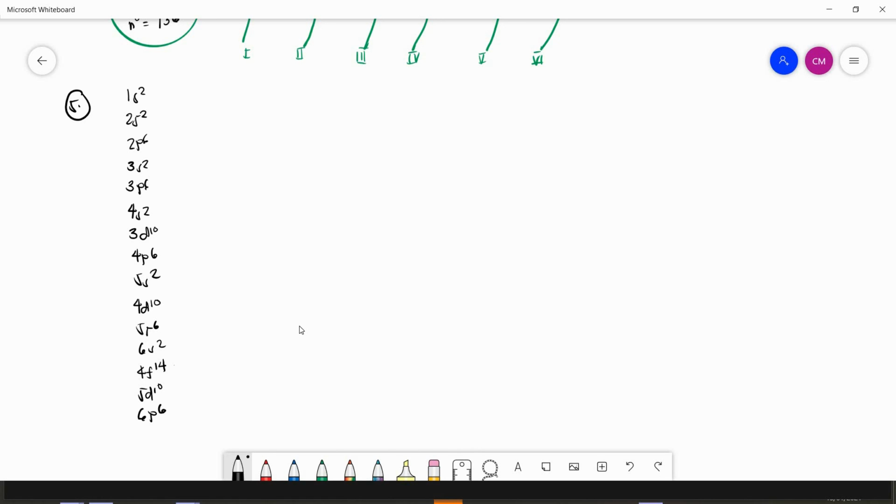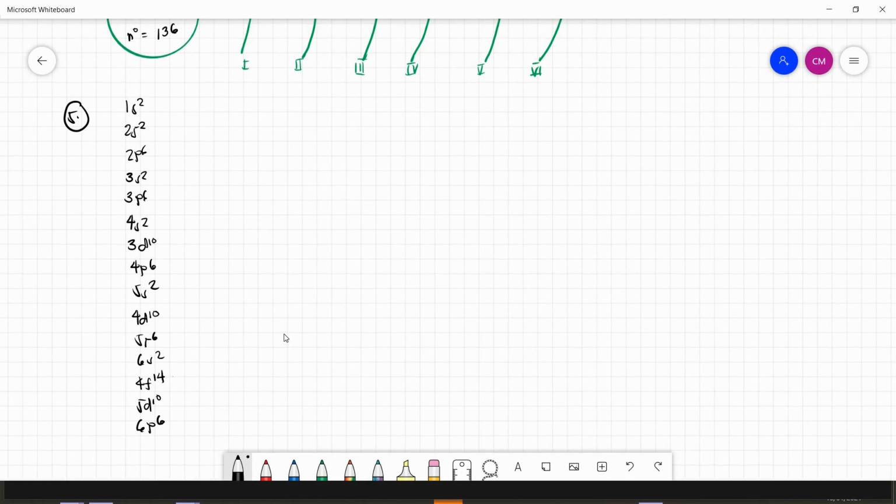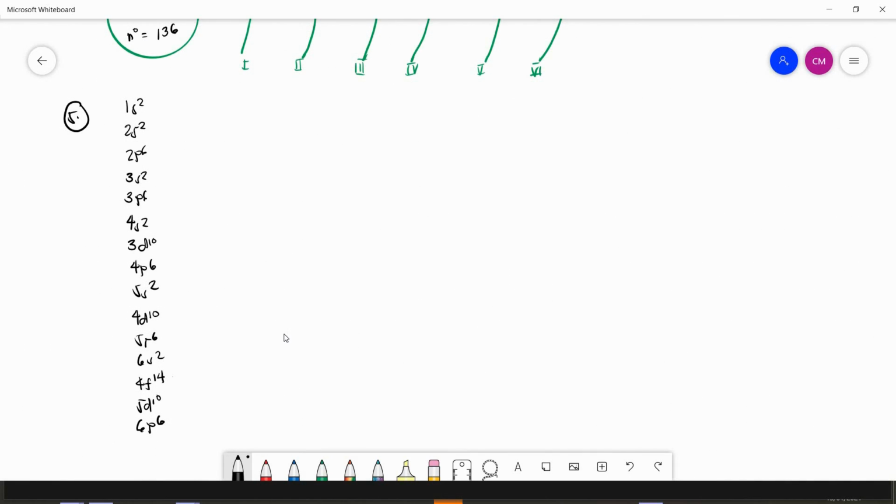Okay, so now we continue with writing the blanks next to it. So for S, there will only be 1. Then for S, 1 again. Then for P, there will be 3. And then for another S, 1. For P, there will be 3. S1, D5. And then P3, S1, D5.